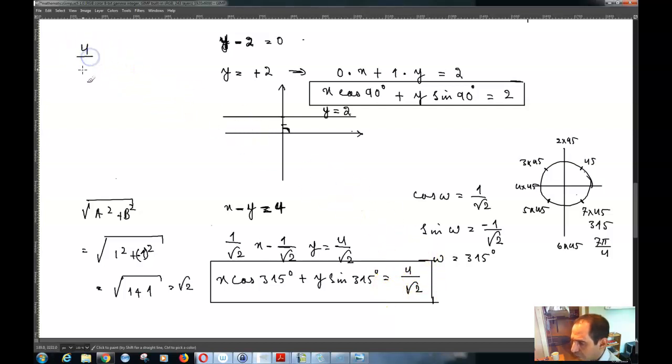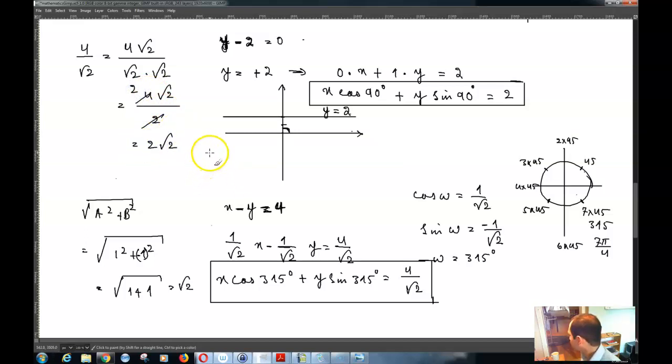Meaning that 4 over square root of 2 you can write as 4 times square root of 2 over square root of 2 times square root of 2, and that is equal to 4 times square root of 2 over 2, and you can simplify and you'll get 2 times square root of 2, which is what we have over here. So instead of this you can write 2 times square root of 2. So that's basically that.